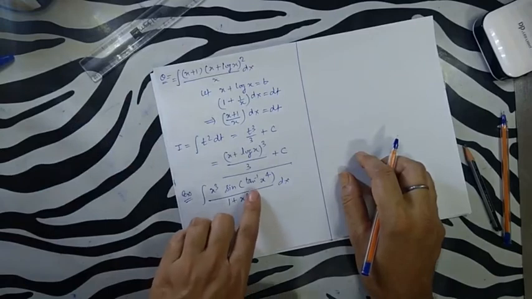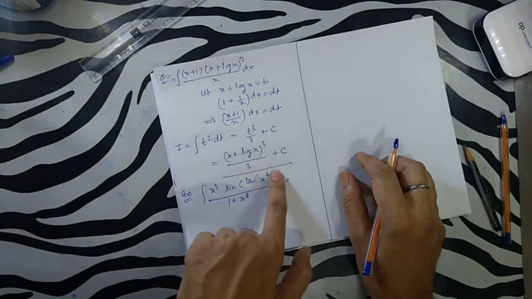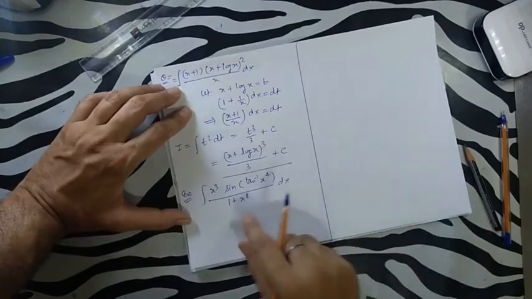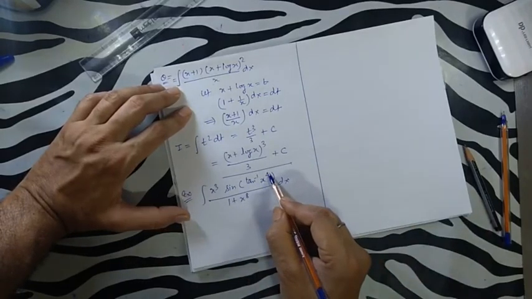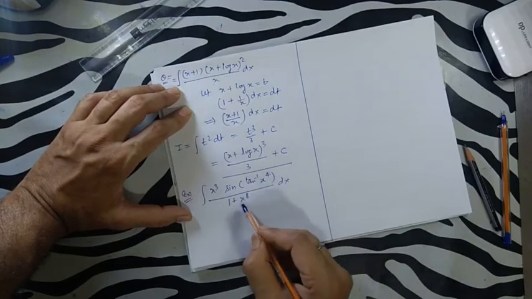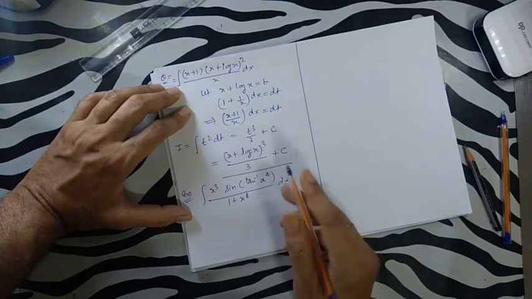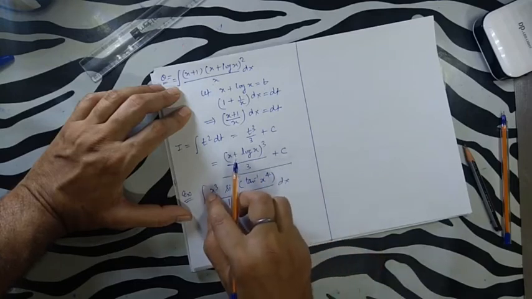Now here, if we take this function tan inverse x raised to power 4, differentiation of tan inverse x is 1 upon 1 plus x square. So its differentiation is 1 upon 1 plus x raised to power 8, and differentiation of x raised to power 4 is 4x cube. So we'll get x cube also.